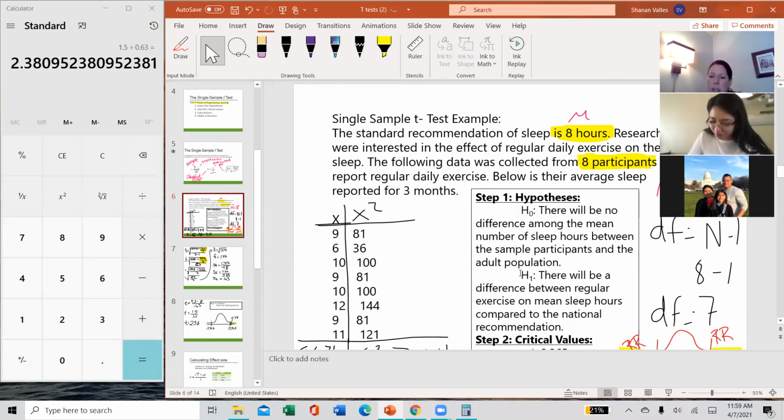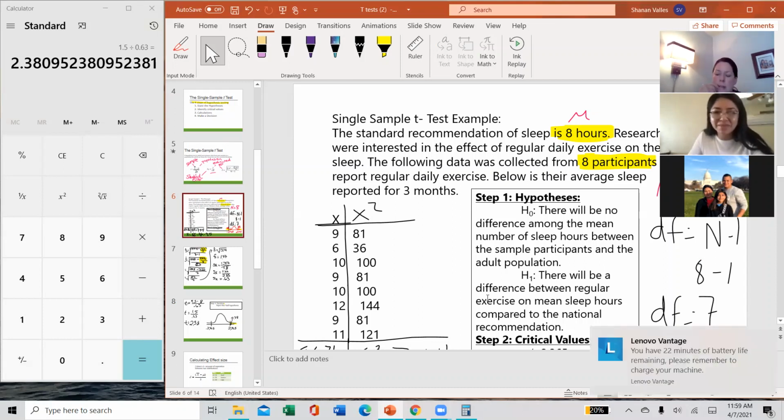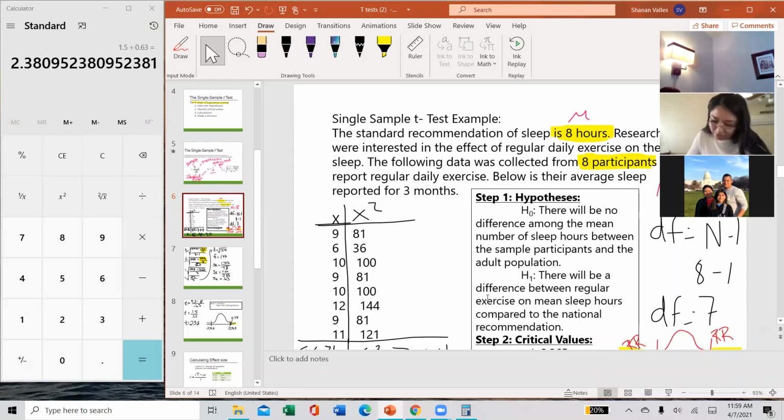So then we can look at the alternative hypothesis, right? So what we found is there is a difference, right? Maybe like the amount of hours of sleep, or wait. Yeah, no, you're doing good. That, or maybe that the regular daily exercise, or that the sleep affects it, or?